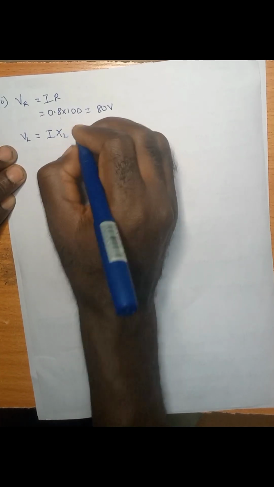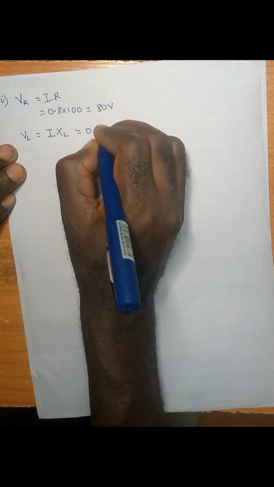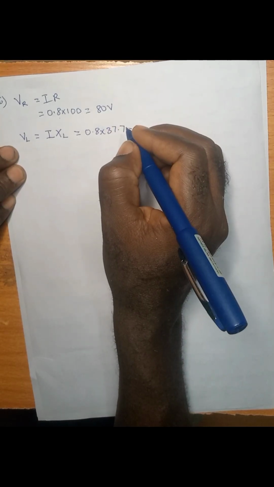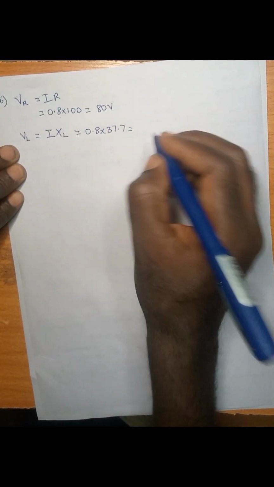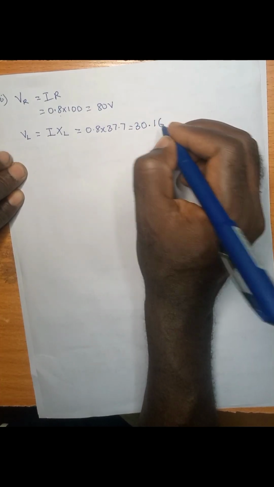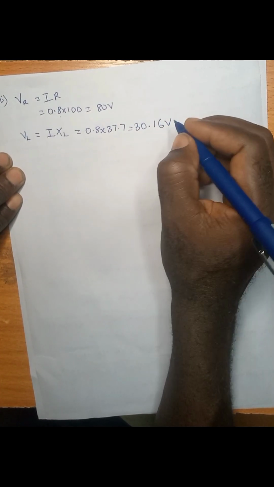Then voltage across the inductor, which is V subscript L, is given by I XL, and I is 0.8 and XL we calculated to be 37.7. When we multiply this, this will give us 30.16 volt.